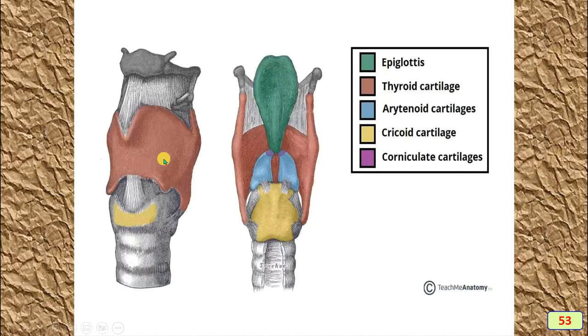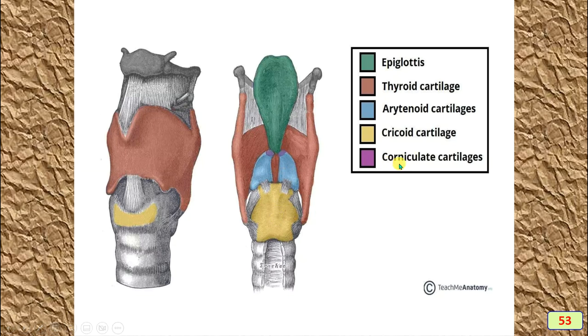So these are all the muscular structures. The green structure is also called the epiglottis, and this colored one is the thyroid cartilage. Both of these are thyroid cartilage, and these are all the arytenoid cartilages, and the yellow colored structure is the cricoid cartilage.